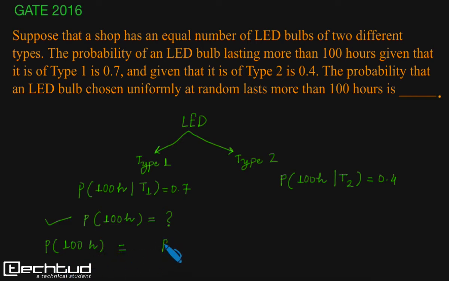So the probability for a bulb to last for more than 100 hours will be equal to the probability that the bulb chosen is of type 1 and it lasts for more than 100 hours, plus the probability that the randomly chosen bulb is of type 2 and it lasts for more than 100 hours. So this equation gives us the probability that a randomly chosen LED bulb will last for more than 100 hours.